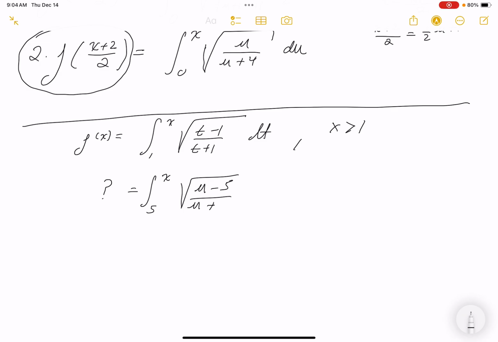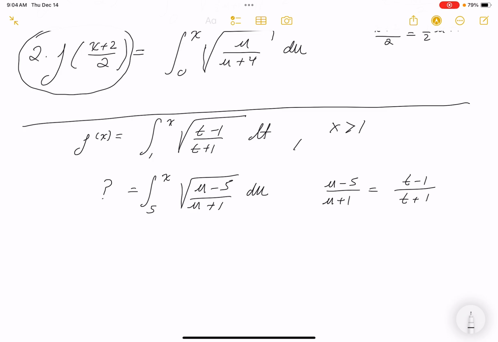I'm going to go through the work, by the way. And what's the work going to be? I want to get u minus 5 over u plus 1, the radicand of that root problem, equal to t minus 1 over t plus 1.